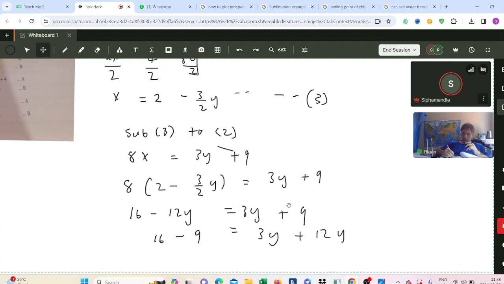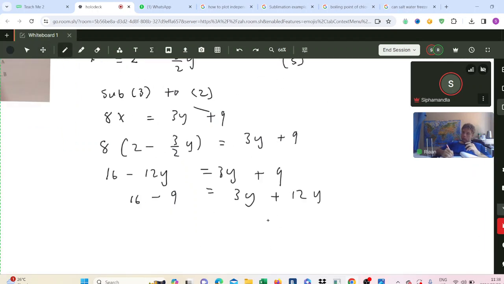I'm just adding and subtracting the like terms. Now 16 minus 9 is 7. What is 3 plus 12? That's 15y. Then you can divide by 15 on both sides.